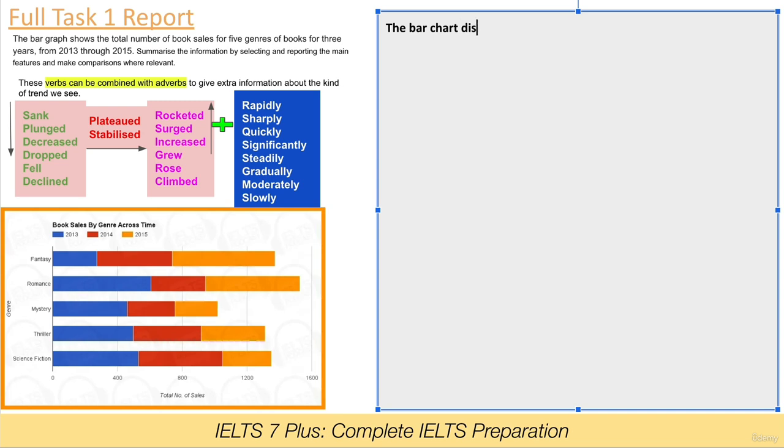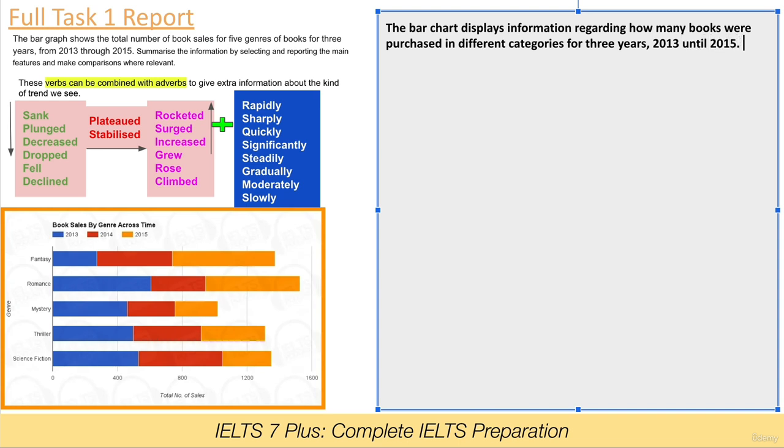The bar chart displays information regarding how many books were purchased in different categories for 3 years, 2013 to 2015.